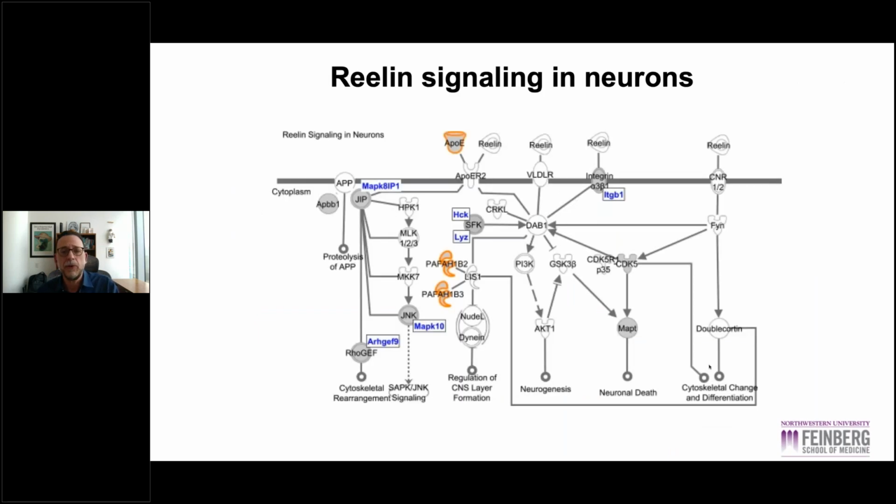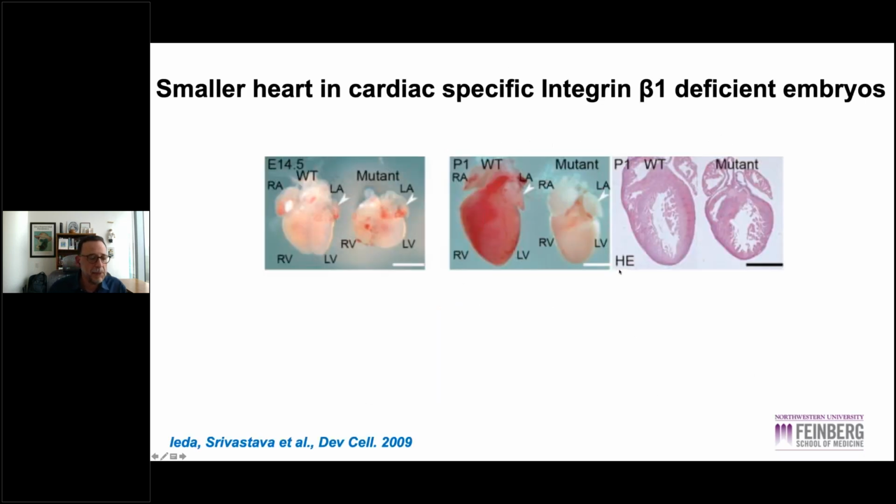So how is reelin working? In neurons it has been shown that it mostly acts through the receptors ApoER2 or VLDLR, but it has also been suggested that it may work through the integrin beta-1 receptor. This was interesting because Deepak Srivastava's lab in California showed years ago that in mutant hearts of integrin beta-1 in cardiomyocytes, the heart is also smaller.